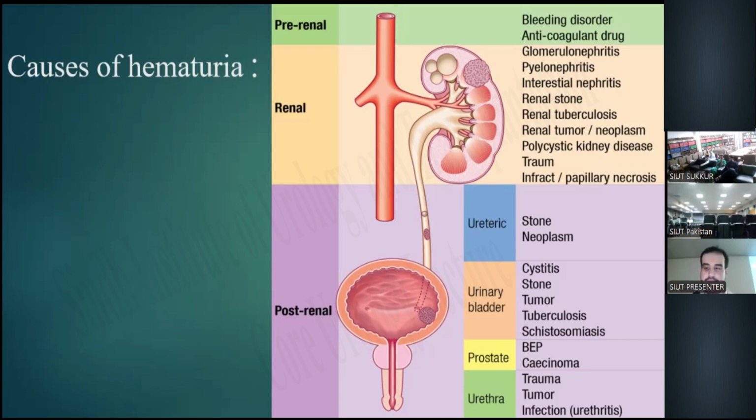Post-renal and ureteric origin, either by stone or neoplasm; urinary bladder: cystitis, stone, tumor, tuberculosis, or schistosomiasis; prostate: BPH or carcinoma; urethra, either by tumor or infection like urethritis.